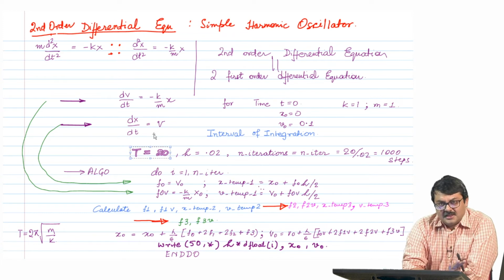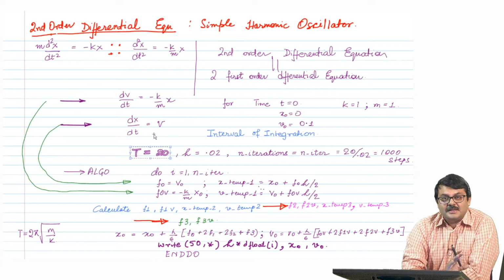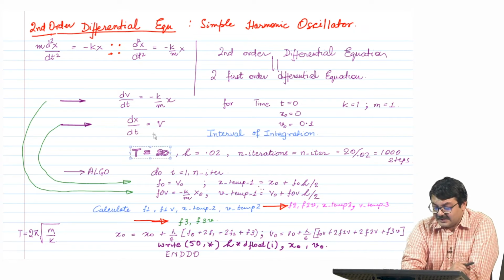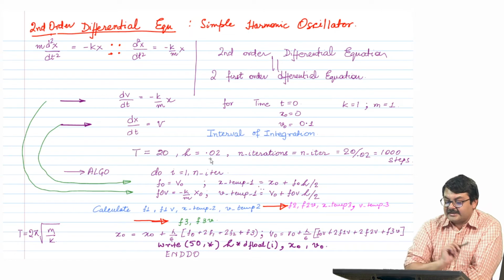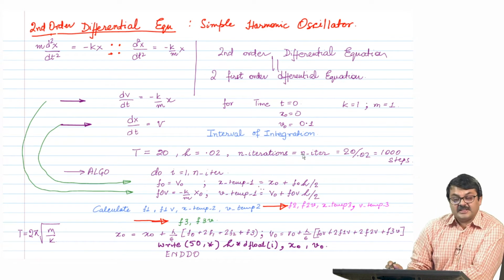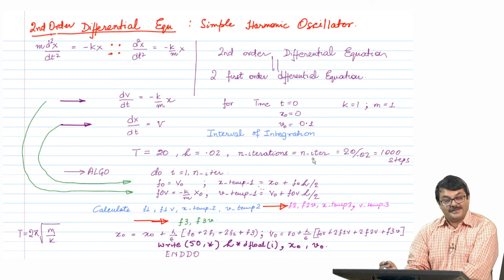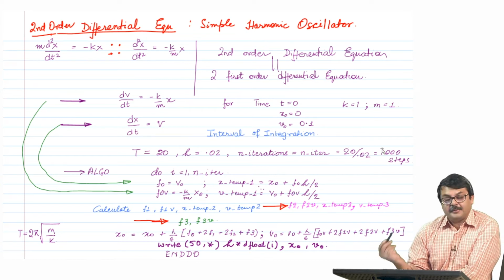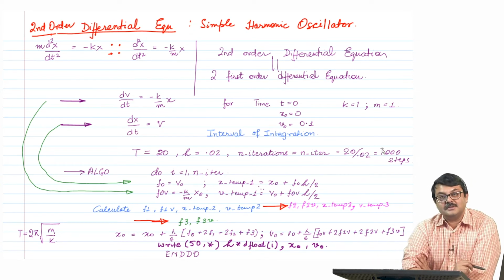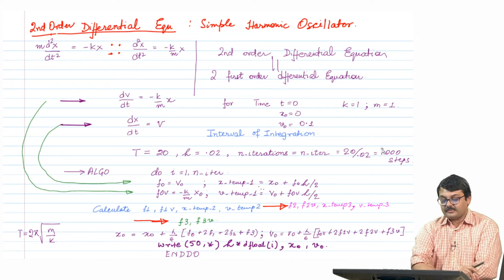But what is more typical is that Runge-Kutta is the method of choice, right, and then you have to iterate to calculate x and v at different time intervals. If t equal to 20 and h equal to 0.02, then the number of iterations, which I shall typically refer to as n iter, n for number, iter for iterations, will be 20 by 0.02 equal to 1000 iterative steps.